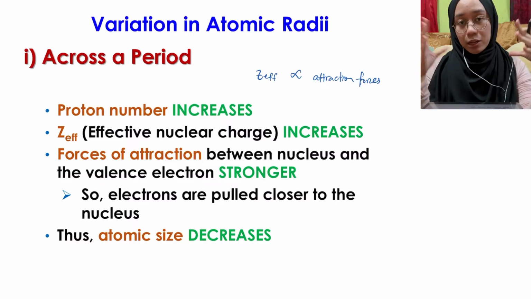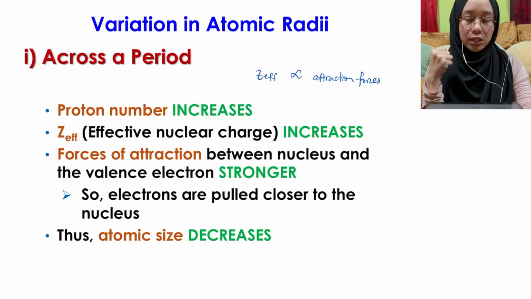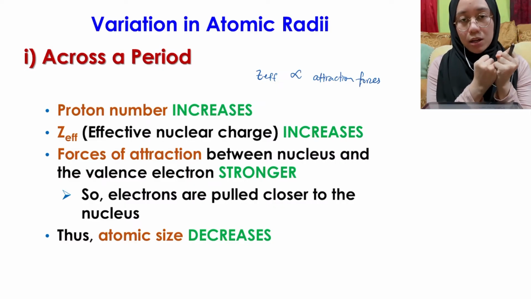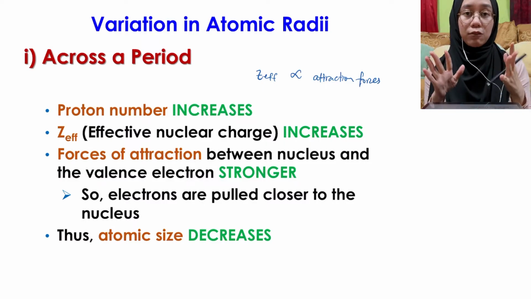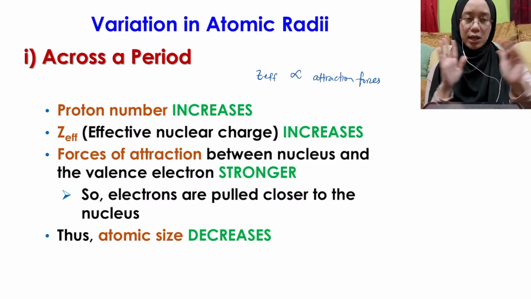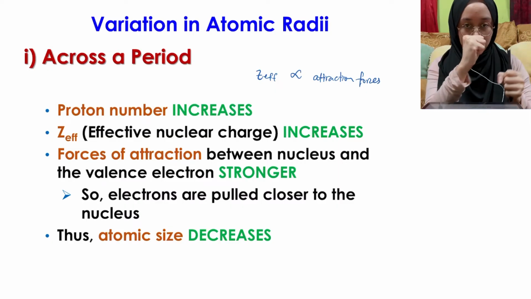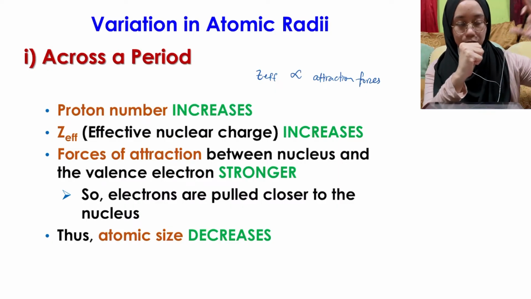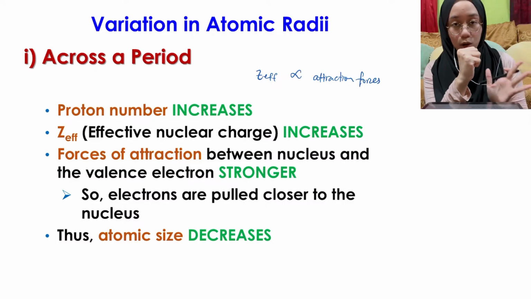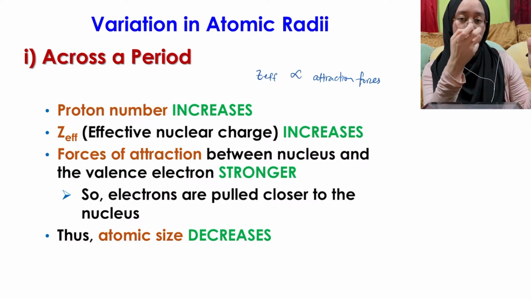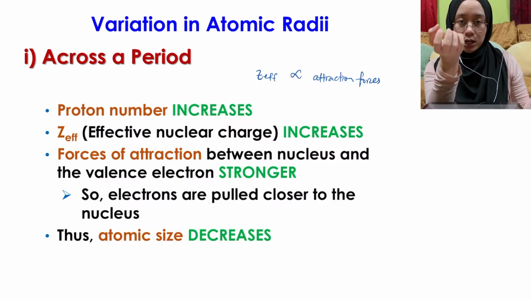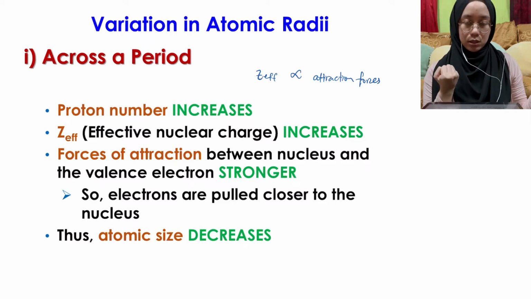So lagi besar value ZEF tu, bermaksud attraction forces tu makin kuat. However, the smaller the value of the ZEF, attraction forces tu pun jadi makin berkurang. So bila attraction forces antara nukleus yang dekat tengah-tengah orbital tu dengan valence electron yang berada dekat bahagian paling luar tu lemah, adakah nukleus tu akan attract the electron towards itself dengan kuat?